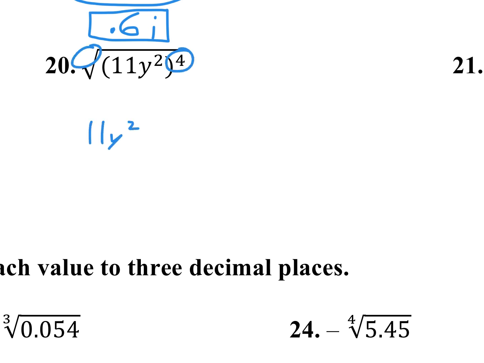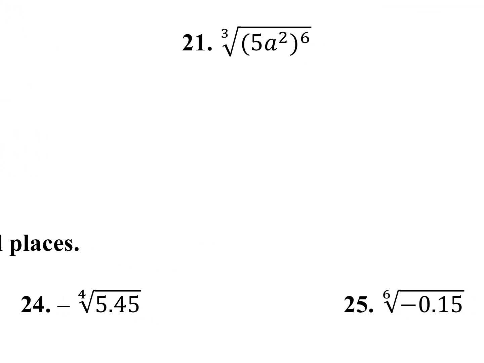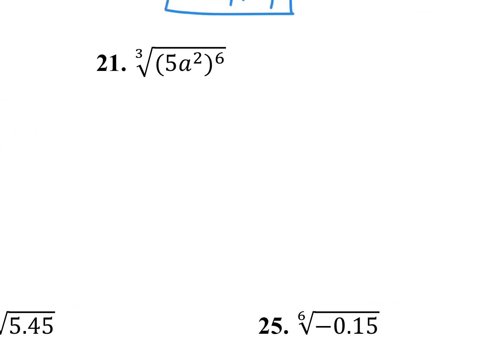So now 11y squared has an exponent of 2 on the outside, and we could multiply that out to 121y to the 4th. All right, divide again. 6 divided by 3 means that 5a squared, when moved outside, has an exponent of 2. So that's 25a to the 4th.